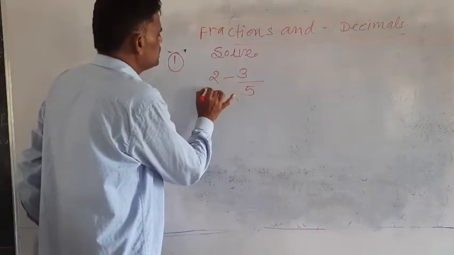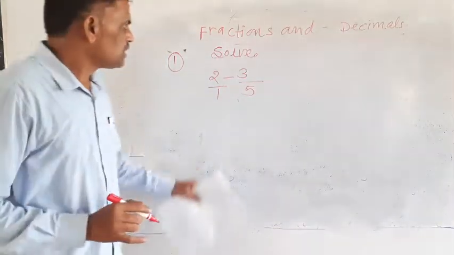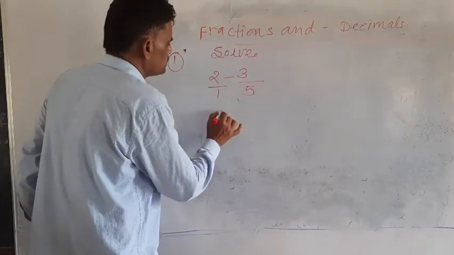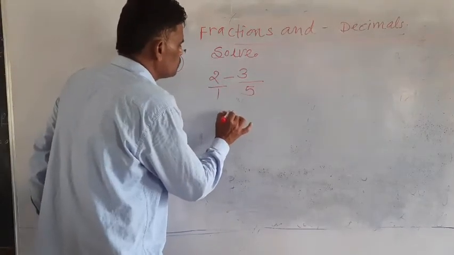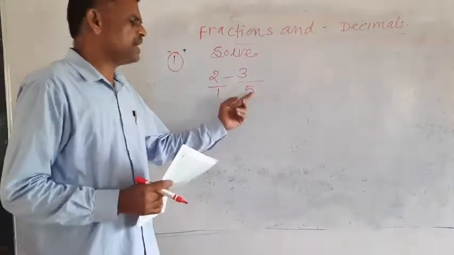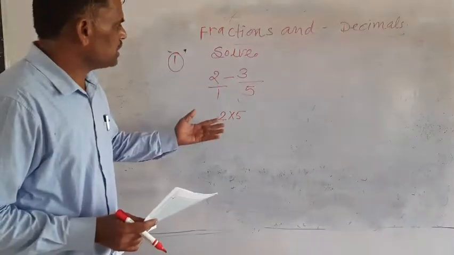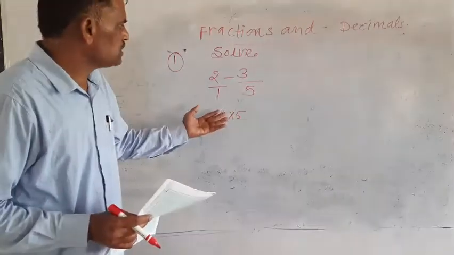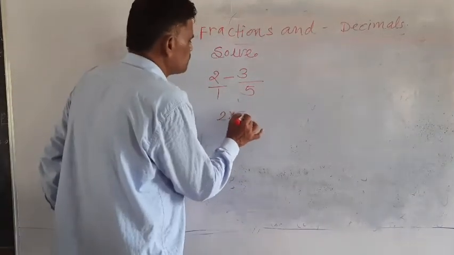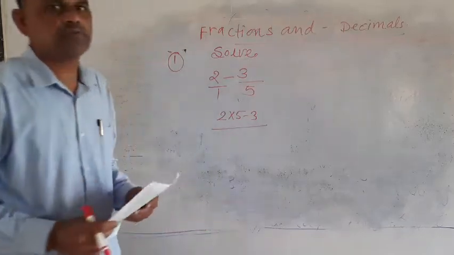Here this can be written as 2 by 1, and when we cross multiply we get 2 into 5. Because 1 and 5 are prime numbers, by cross multiplying we get 2 into 5 minus 3, and the LCM of 1 and 5 is 5.